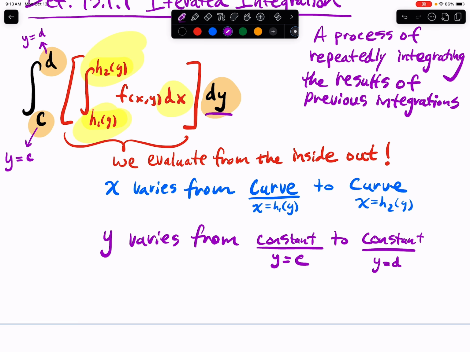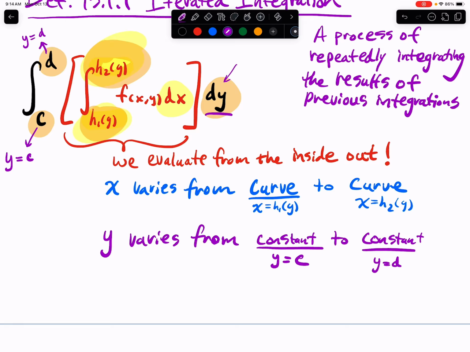So the inside integral produces a function in terms of y, since my limits of integration are h1 of y and h2 of y. The outside integral, when you integrate that, produces a function with respect to y. Okay?